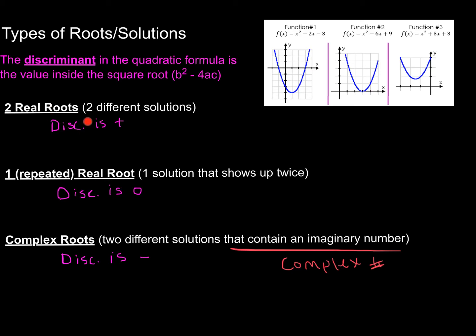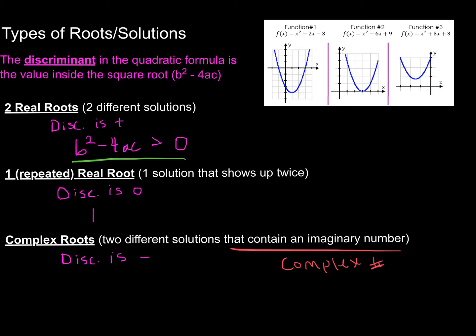Now, we're going to rewrite these situations in a way that's really mathematically sound. So the discriminant is the value of b squared minus 4ac. And if this is positive, that means that it's going to be greater than 0. So if you have a situation where b squared minus 4ac is greater than 0, you will have two real roots. Let's do the same here.